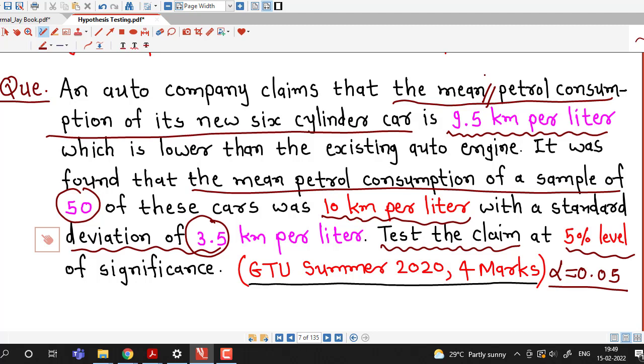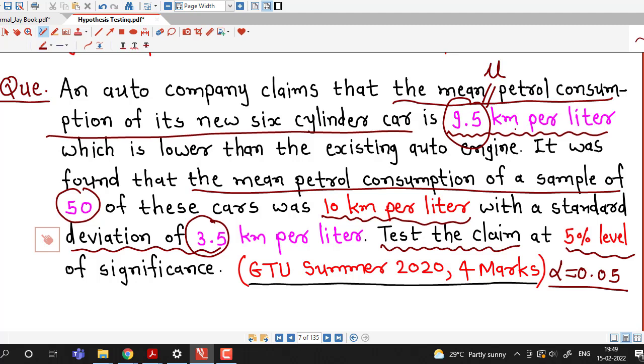We are given the value of population mean for this variable petrol consumption of a car and we have to test this claim. So our null hypothesis will be population parameter, which is population mean, is 9.5 km per liter, and the alternative hypothesis will be this population parameter is different from this value 9.5 km per liter.